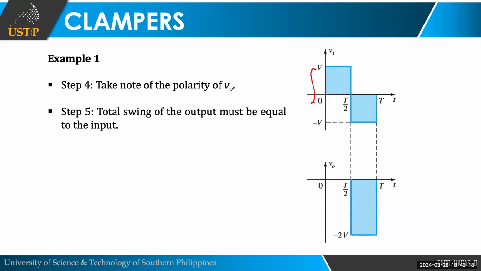The total swing of this, since V is its height and this V is also its height, will be 2V, right? And for the output, it is still the same, class. The total swing is still 2V. So look, class, it looks like it was shifted. Actually, it really is shifted: our signal was shifted downward. Okay? So from here, it was moved downward.